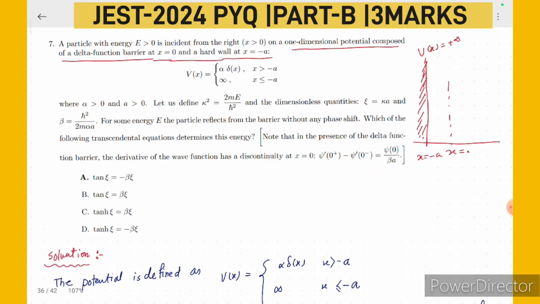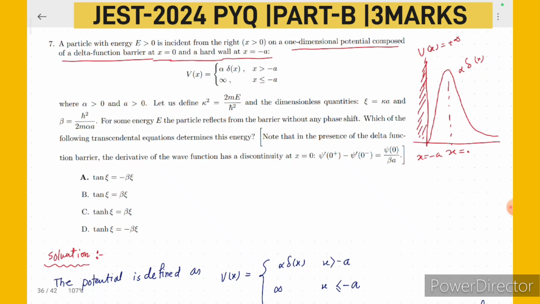And there is a delta potential, α δ(x), at x equals 0.